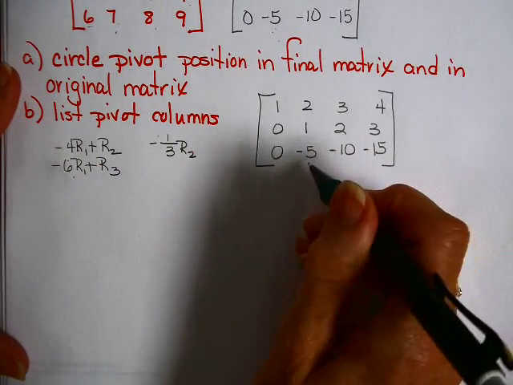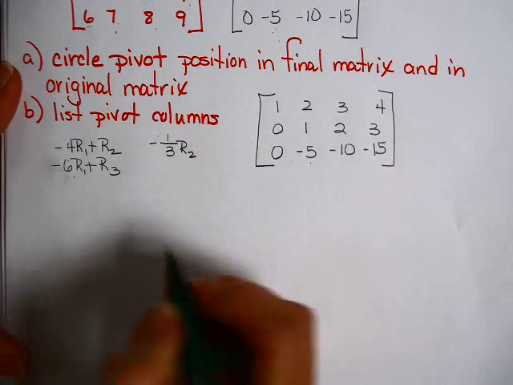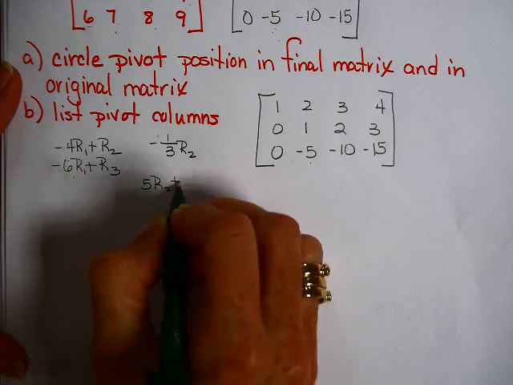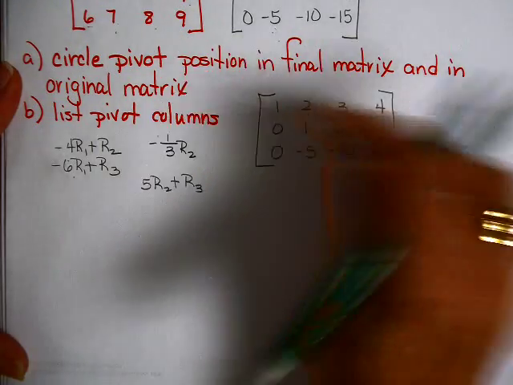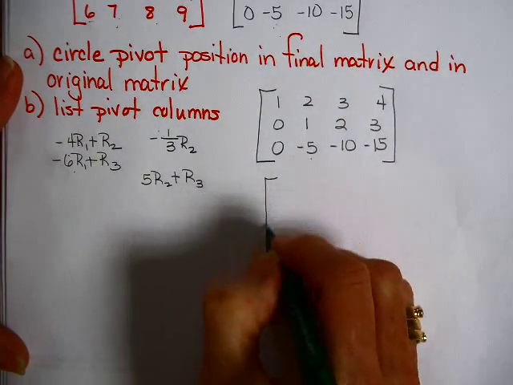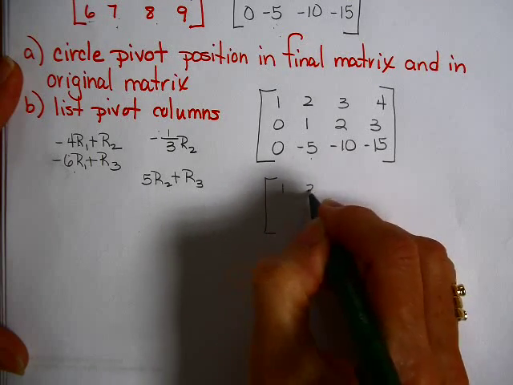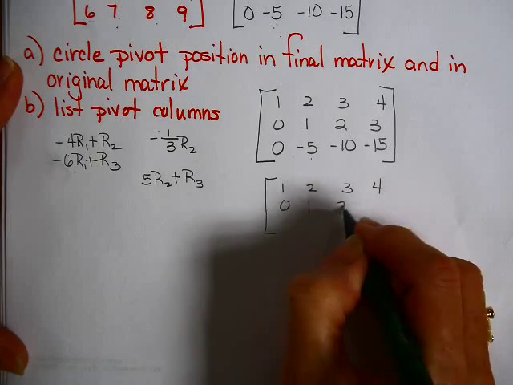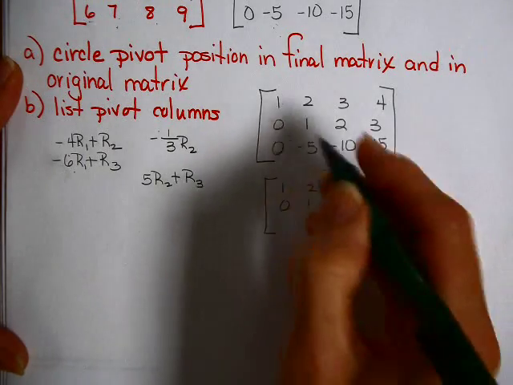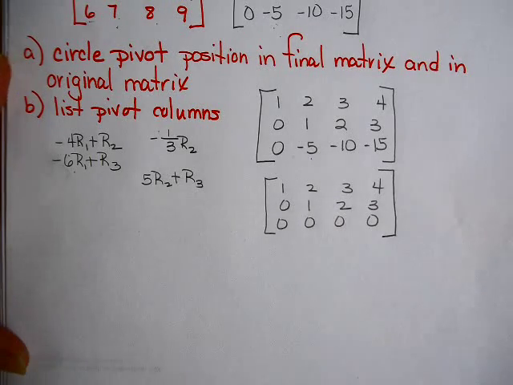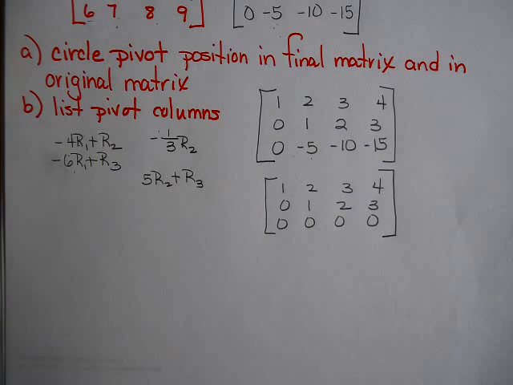Then I have to try to get a 0 right here, so I would multiply 5 times row 2 and add it to row 3. You ignore row 1, remember? You ignore that one. Does that get rid of your entire bottom line? Probably so, because that's going to be 0, 0, 0, 0. Okey-doke, it did. It got rid of the whole thing.